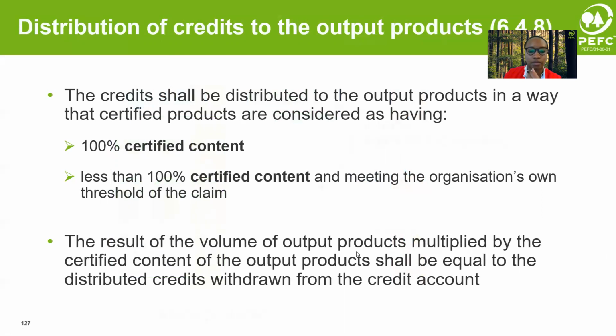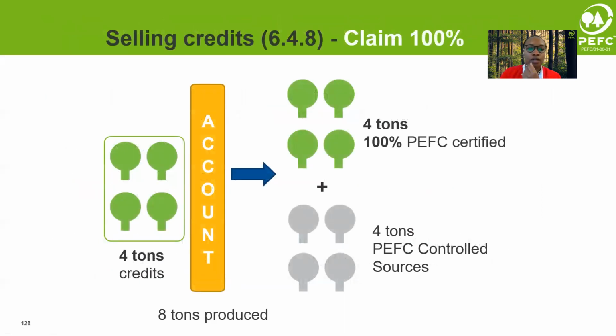So let's see an example. Let's say you have 8 tons of PFC controlled sources. Your client demands that they want to have, for example, 100% PFC certified. In your credit account, you have 4 tons of credit. So those 4 tons of credits can be transferred to only 4 tons of the 8 as 100% PFC certified.